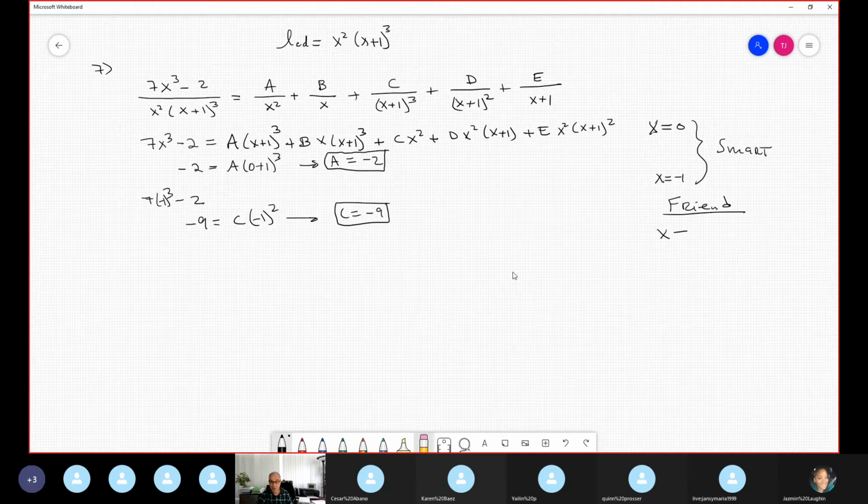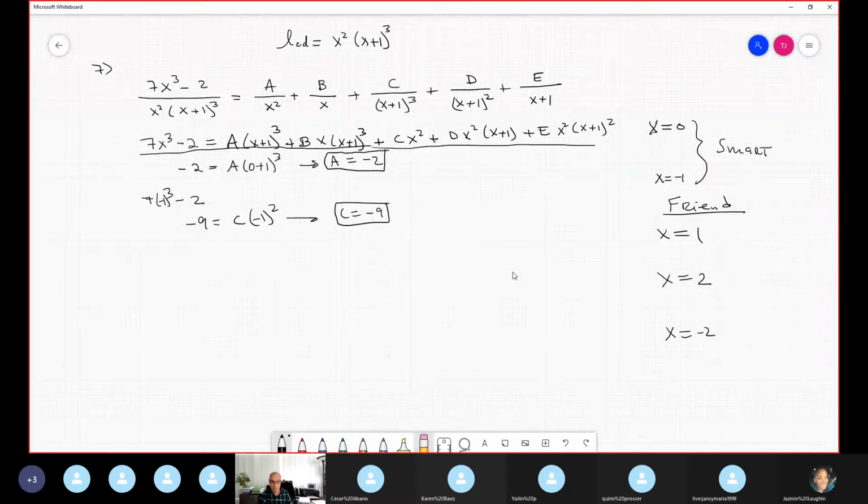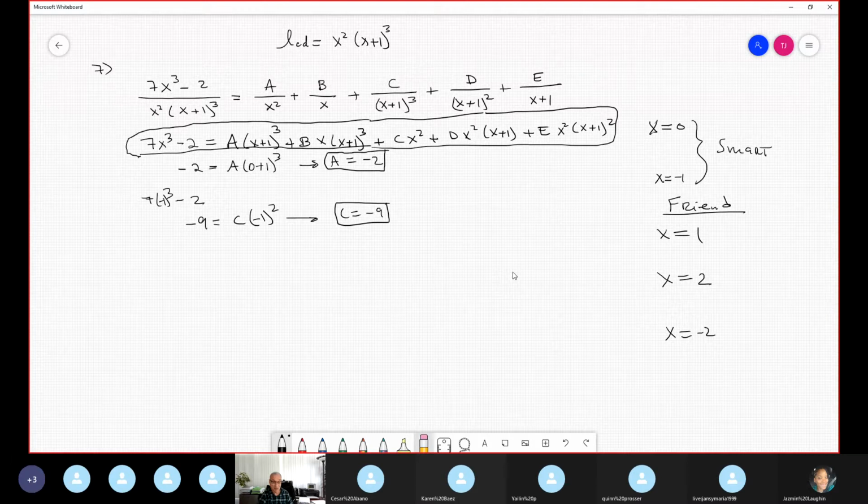I'm using 1, I'm using 2, I'm using -2. Arbitrary, completely arbitrary. I'm plugging in here and here. I already have A and C. So when you replace 1 here, I know that A is -2 and C is -9.